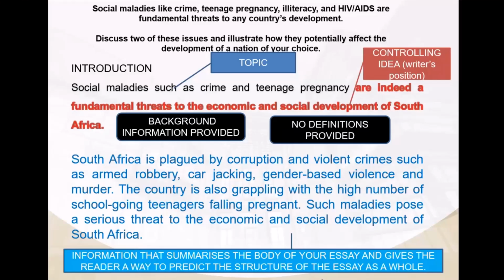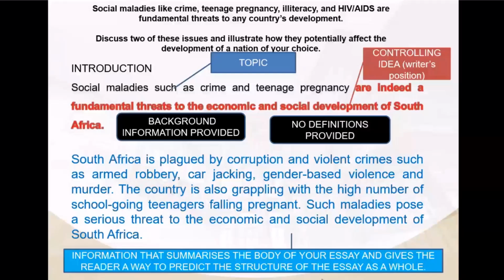In fact, this is the position he or she believes, that these two maladies are a threat to the economic and social development of South Africa. So indeed, in the first sentence, the student has expressed the topic, together with the position that the student is taking on that same topic. And it's done that successfully. You can see the examples there neatly illustrated for you. Right.